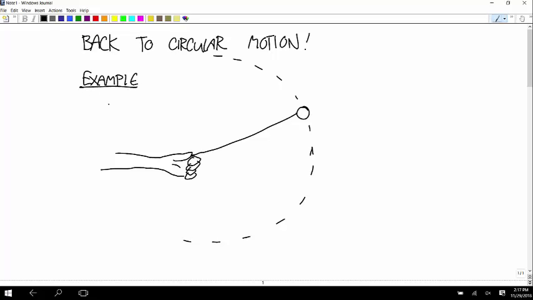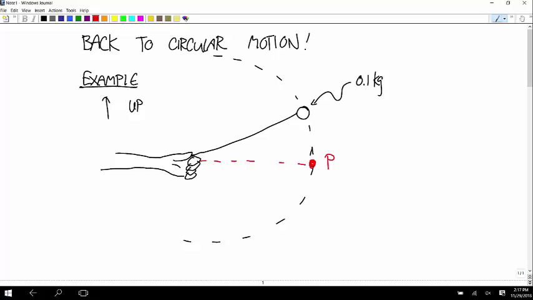And the idea is that this is up, so the weight is acting down towards the bottom of the page. The mass of the ball is 0.1 kilograms. And we're going to analyze the ball's motion at this point right here. So this is the point P that we care about.